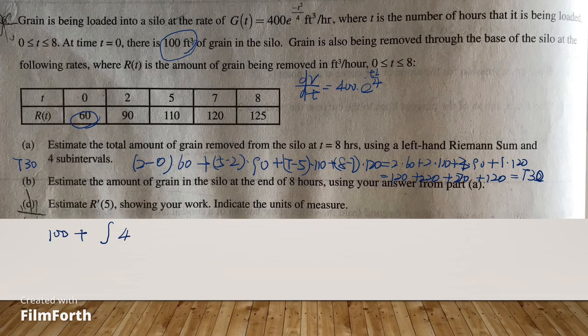So the integral of 400 times e to the negative t squared over 4 dt, and minus the grain being removed, which we already had from question A, is 330.